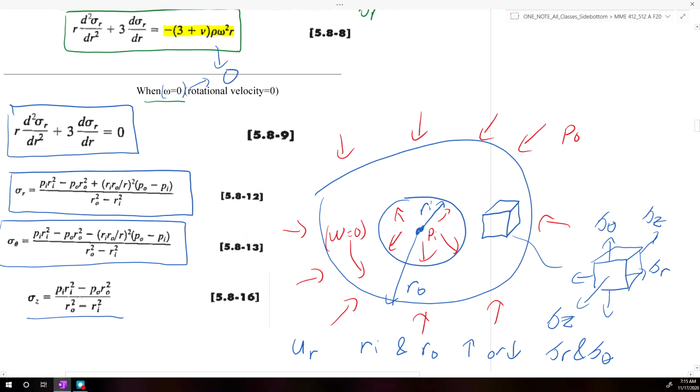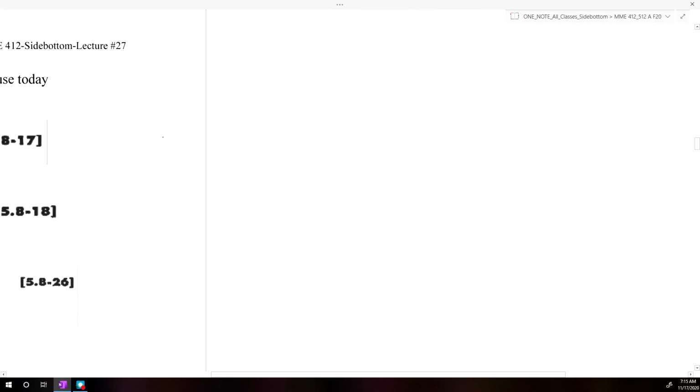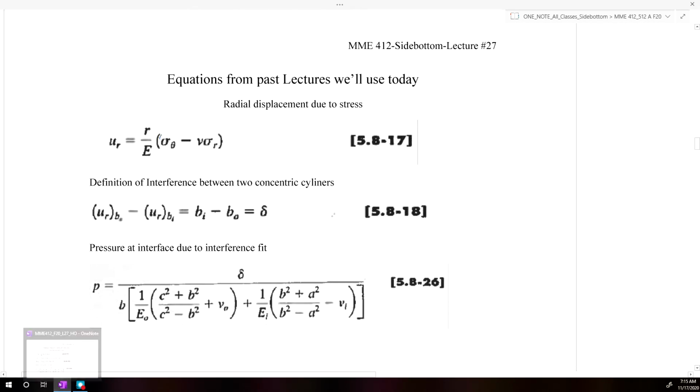So if we know what sigma theta and sigma r are, we go to the next page. We can plug in sigma theta and sigma r, and we have to know the elastic modulus, the Poisson's ratio, and the radius at that point, and we can solve for the displacement.